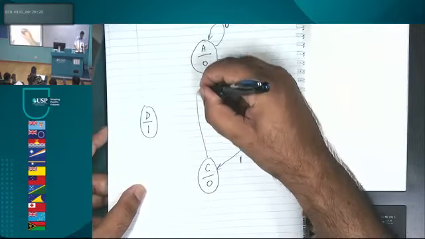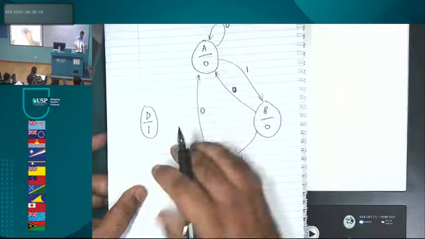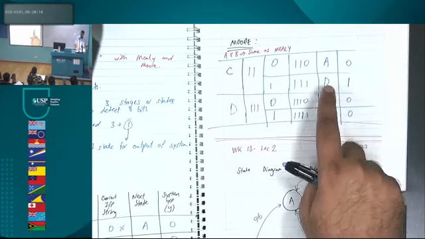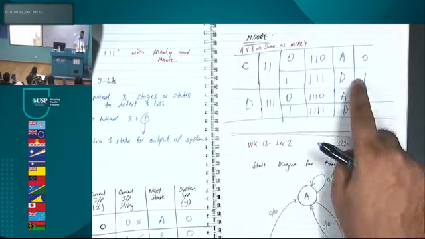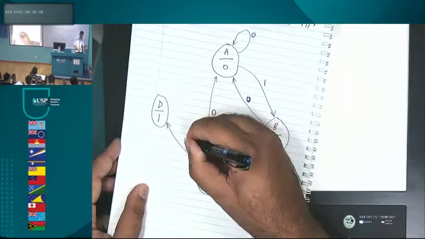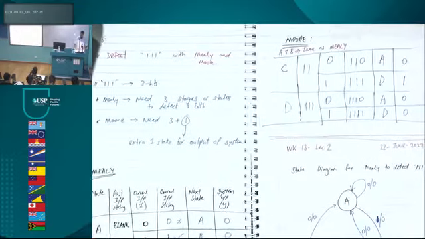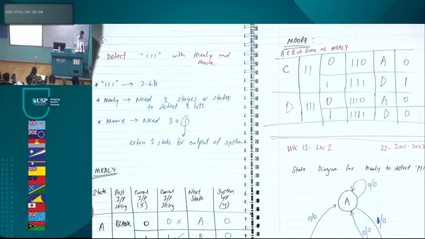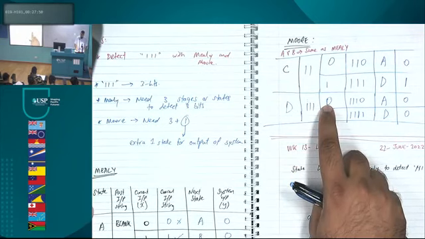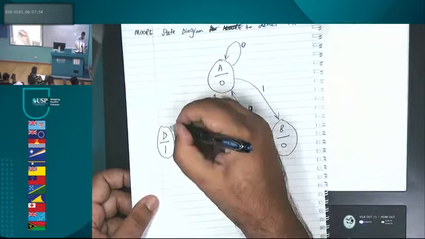And C goes to D if input is 1 and output is 1. Now, if input is 0, D goes to A.